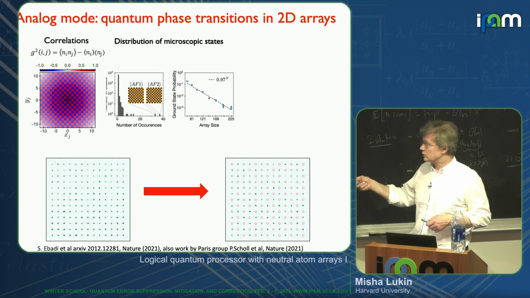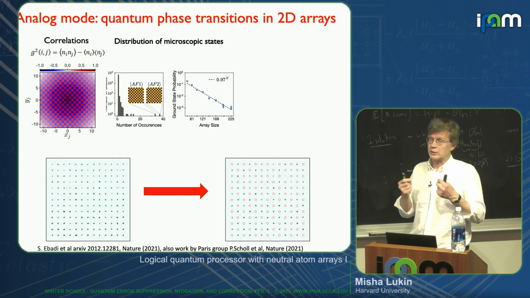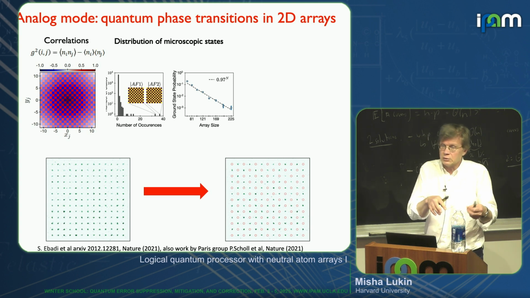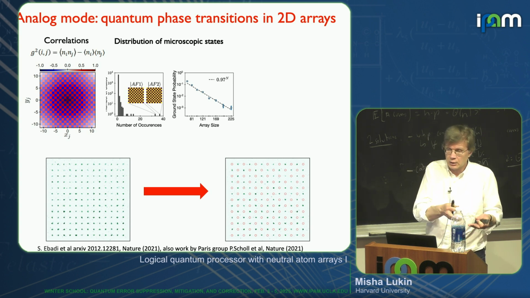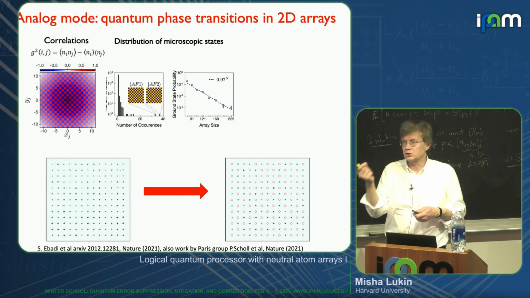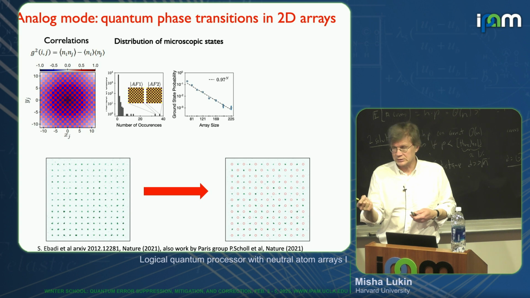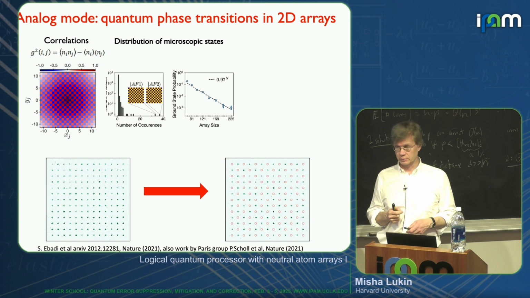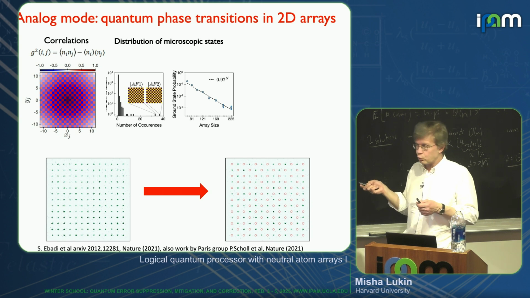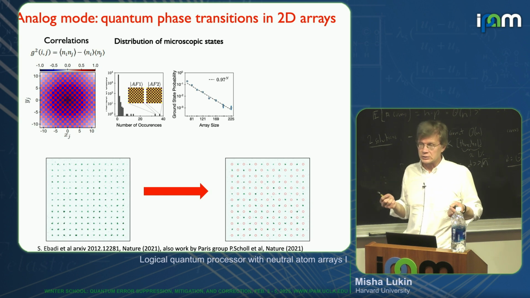But what you see is that if you, for example, scale the array size, this probability goes down. For some applications, for these many-body applications, it might be okay. You can still explore things at least qualitatively. But if you want to solve a problem of determining a certain energy super precisely, then it will not be sufficient, and at this point you need to somehow do error correction.